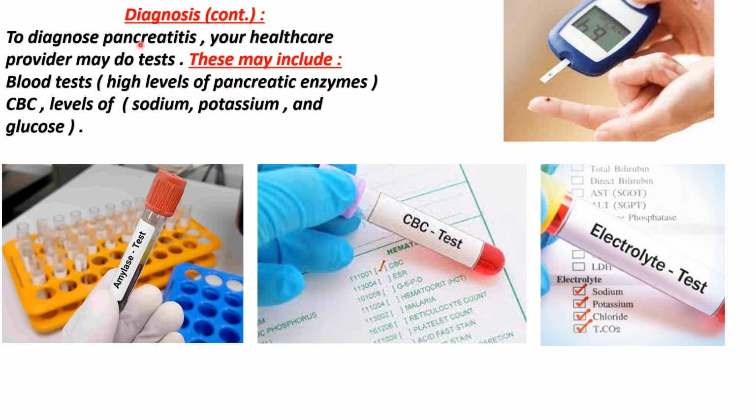To diagnose pancreatitis, your healthcare provider may do tests. These may include blood tests: high levels of pancreatic enzymes, for example amylase, CBC, levels of electrolytes such as sodium and potassium, and the levels of glucose in the blood.